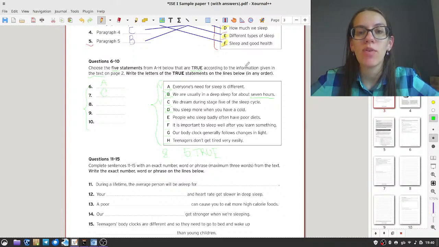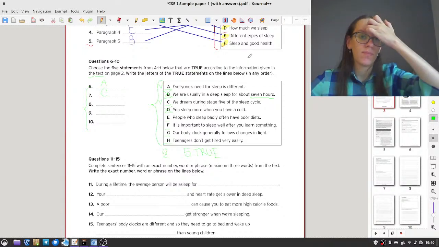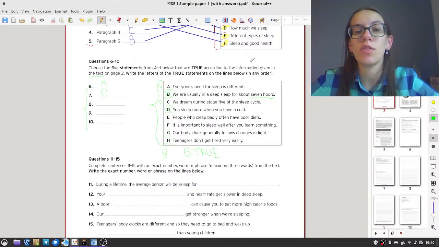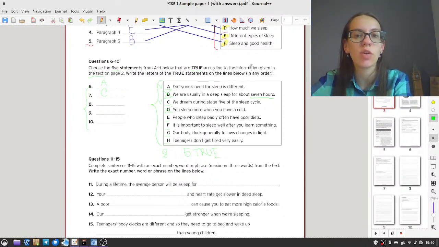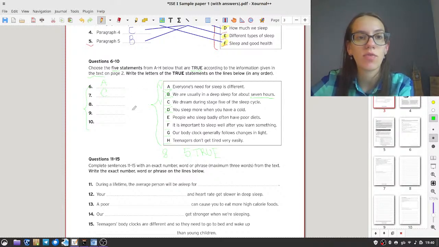It's about the information in the text. Is it true or is it not true according to the text? In the text, we don't see that this is true. The text doesn't say this. The text does not have this information. So we cross D out. D is not true. So we don't need to put it in questions 6 through 10.